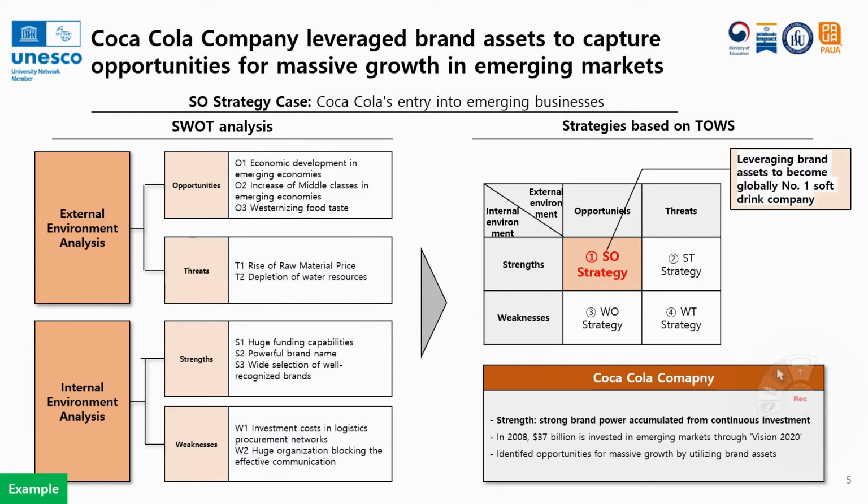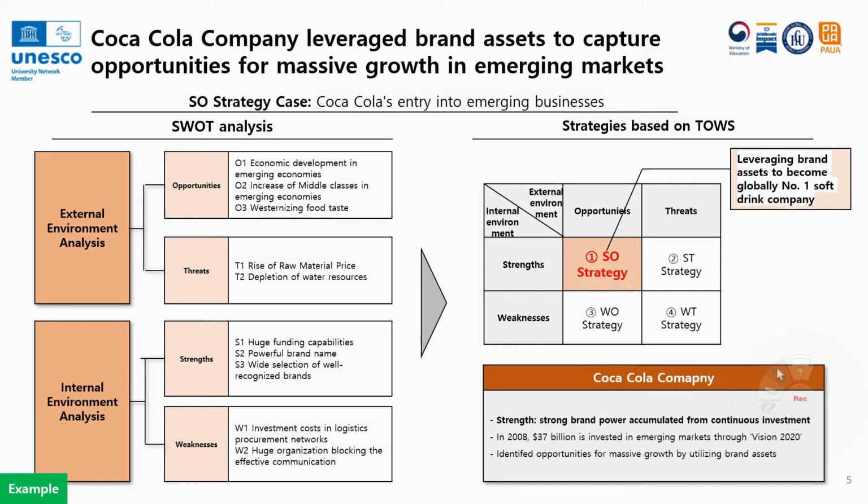The rise of raw material prices. When raw material prices are rising, that's not good news for a manufacturer of soft drinks such as Coca-Cola. The second example of threats to the Coca-Cola business is the depletion of water resources.